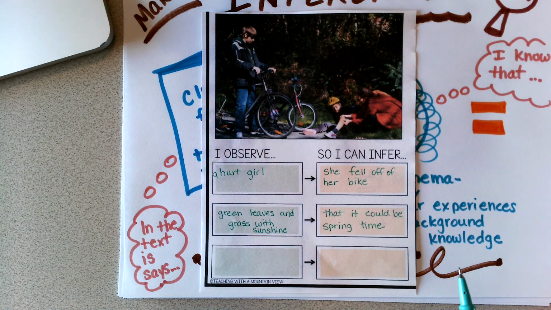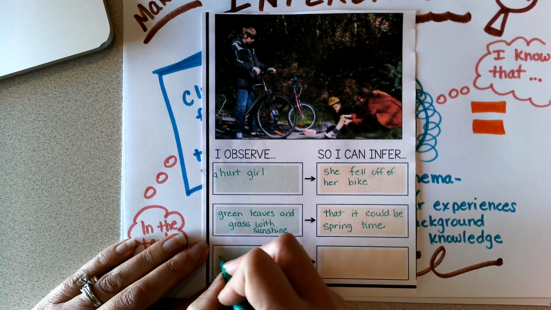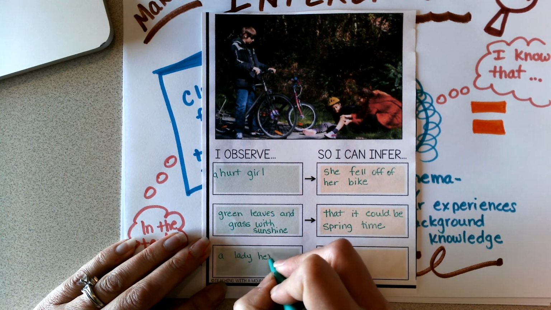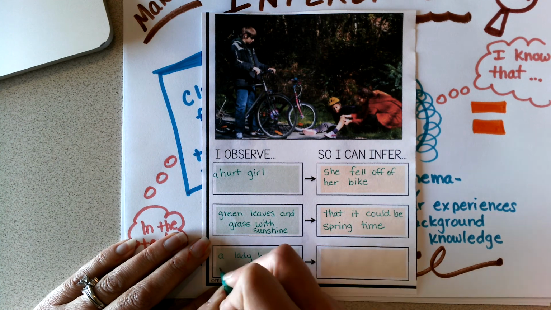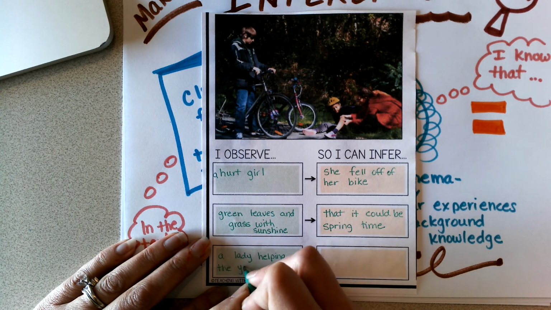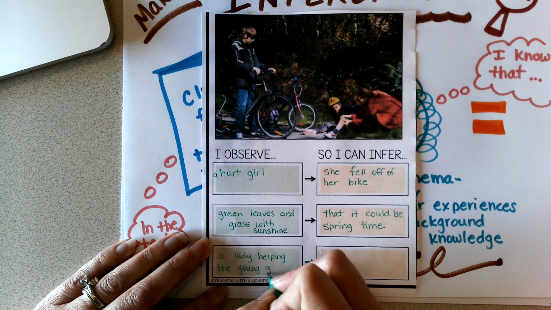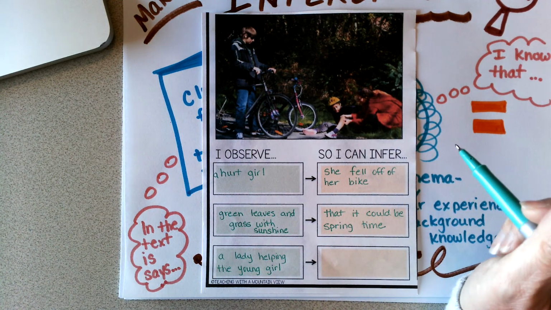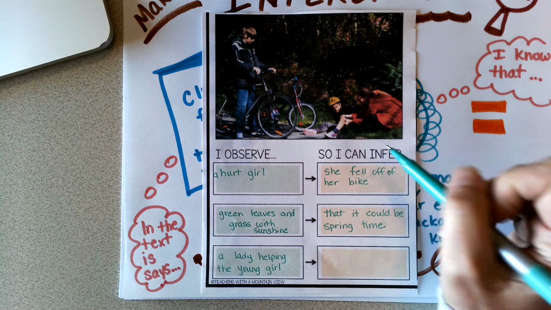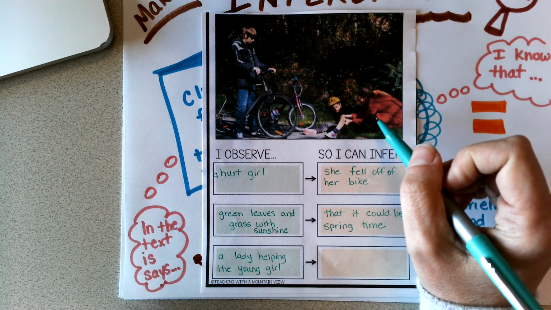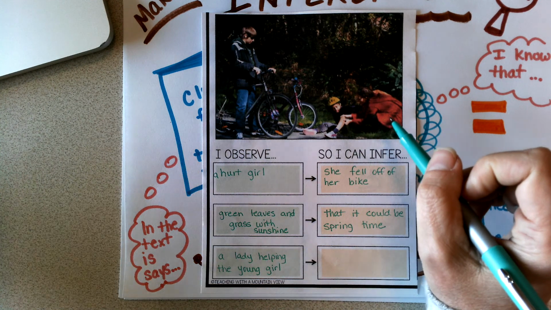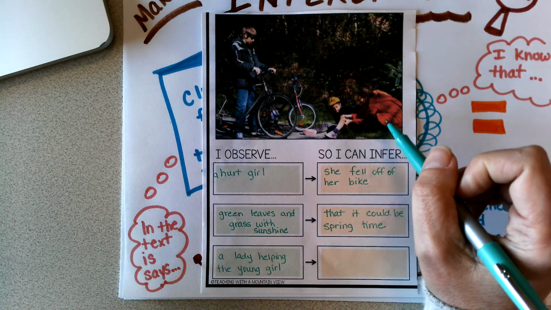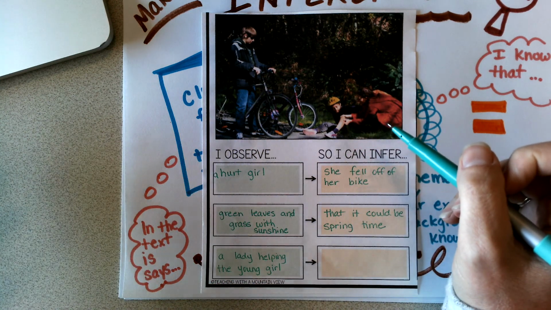What's something else? I observe a lady helping the young girl. Now, based on the picture plus my experience, I can infer that this is her mom, because usually, when my boys ride bikes, I'm around them or close by, and when they get hurt, I'll run over to see if they're okay.